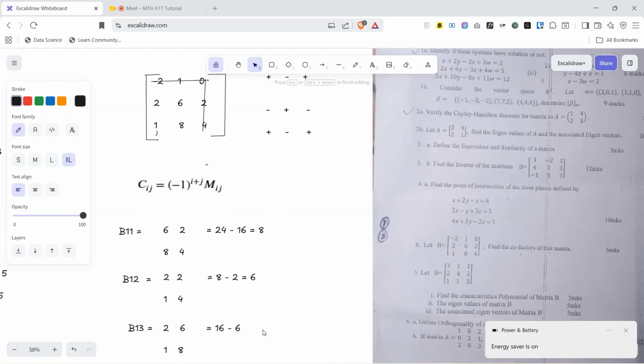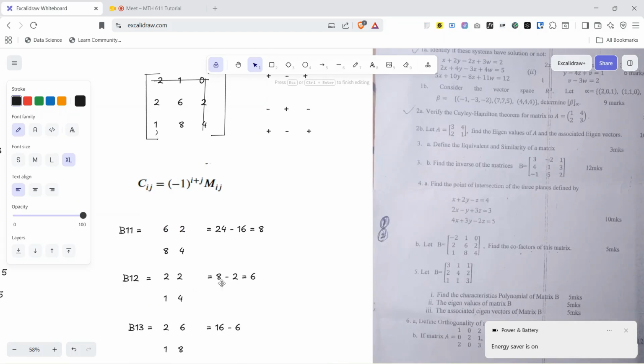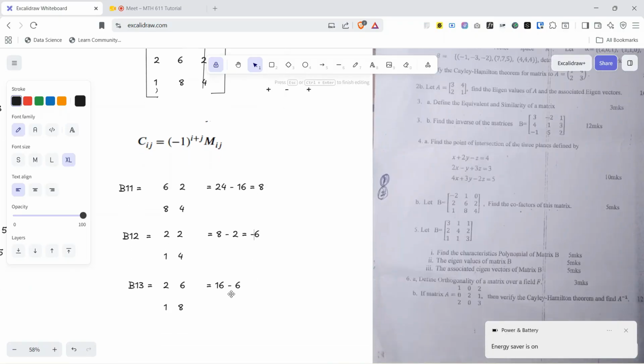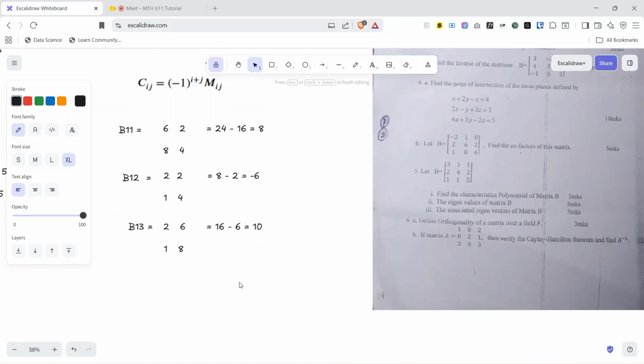Because this is plus, minus, plus, this will end up as minus 6. So this is going to be 16 minus 6. That's 10.